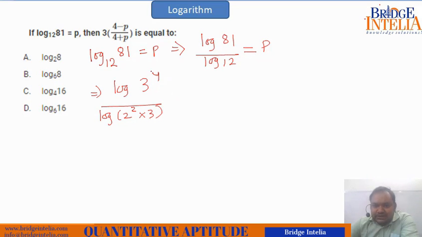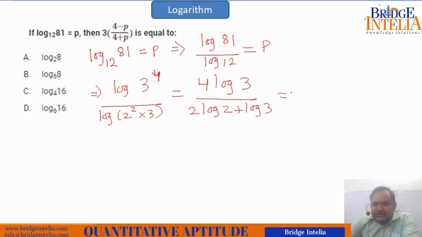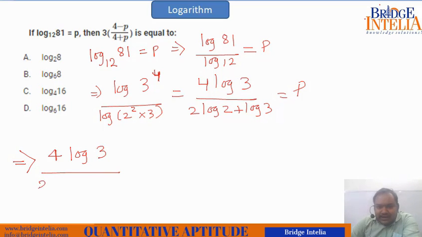So if you simplify this further, this comes out to be 4 log 3 divided by 2 log 2 plus log 3. So this is given to us as p. So let's be very clear, what do we know? We know that 4 times of log 3 whole divided by 2 times of log 2 plus log 3 is given to us as equal to p.